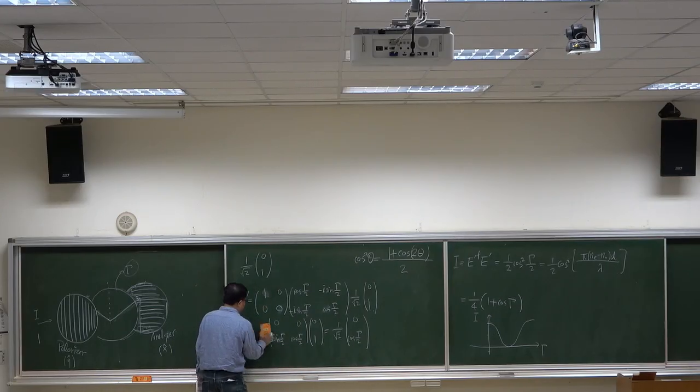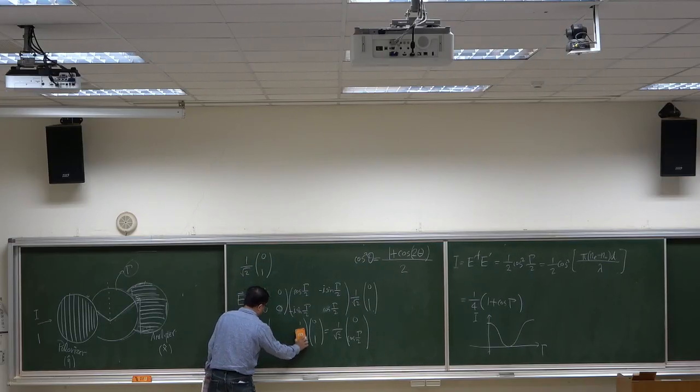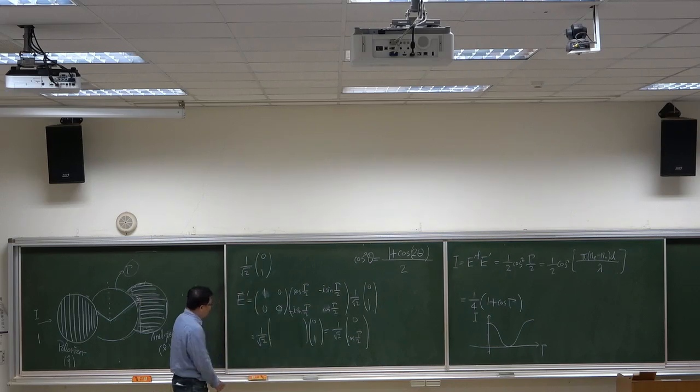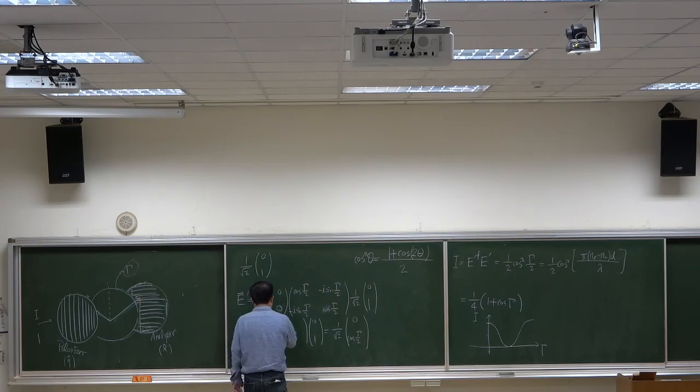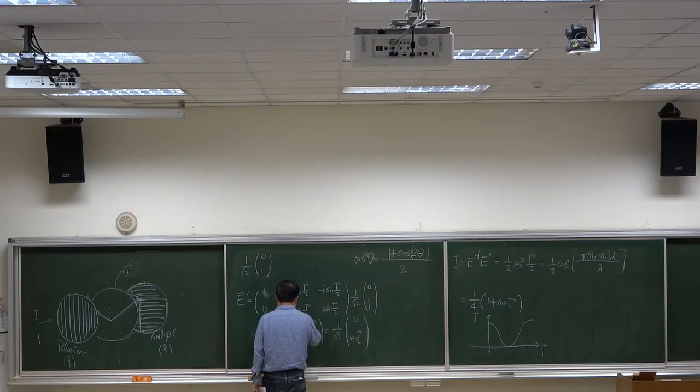And this is equal to cosine half gamma, minus I sine half gamma, 0, 0.